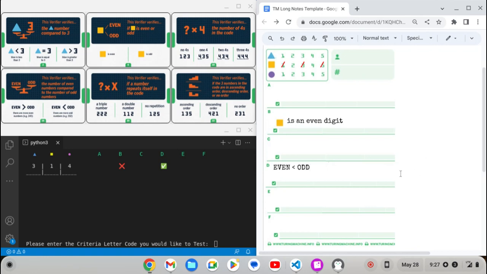So specifically then, notice that since my square is even, that means that both triangle and circle are odd. So that's what I'm going to write down. I'm going to say triangle and circle are odd.